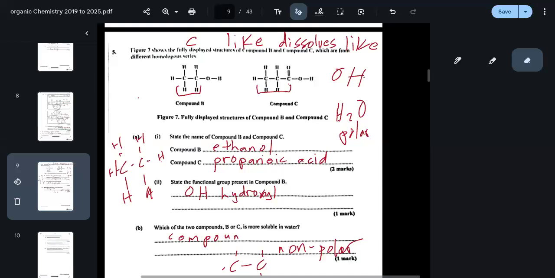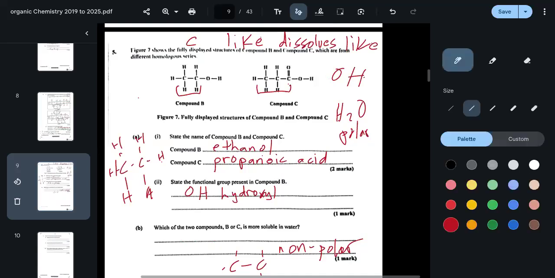Or even just the oxygen and the carbon, it will be polar. Once you see just carbon and hydrogen, I'm just going to put NP for non-polar. If it's carbon and hydrogen only, non-polar. When you see the oxygen and the hydrogen, it's polar. All right, so both of these are polar.